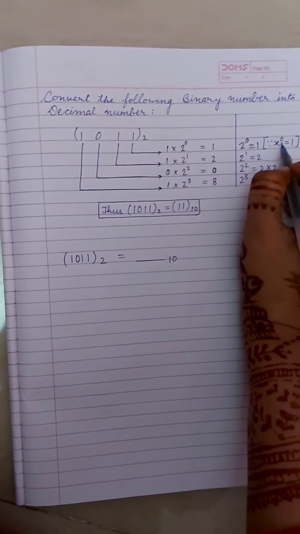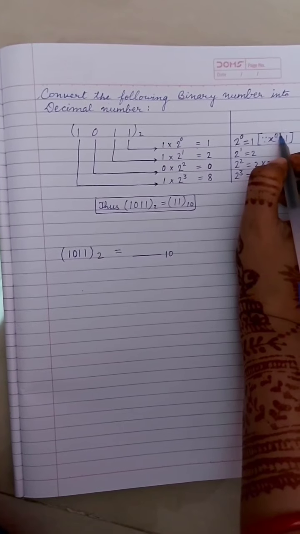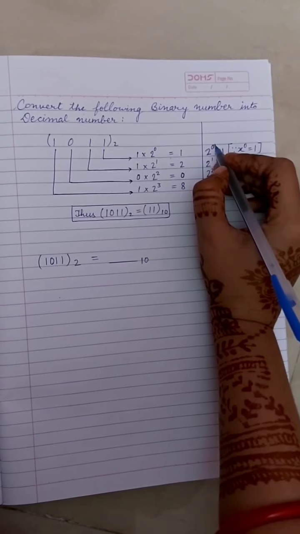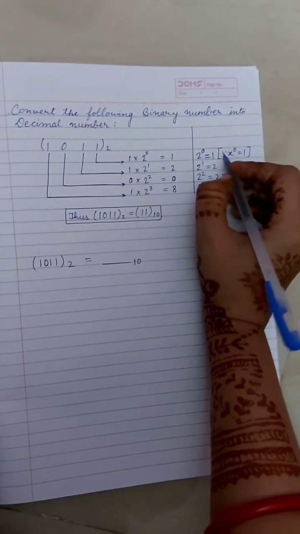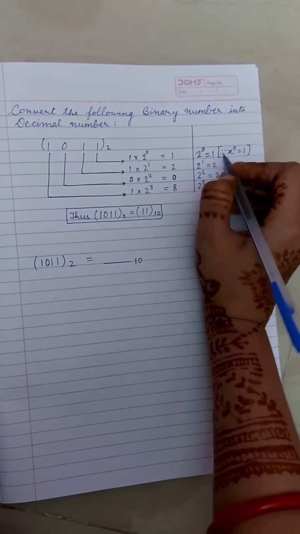Now we all know that any number to the power 0 is always equal to 1.